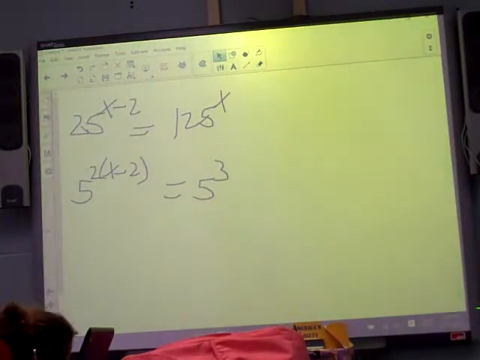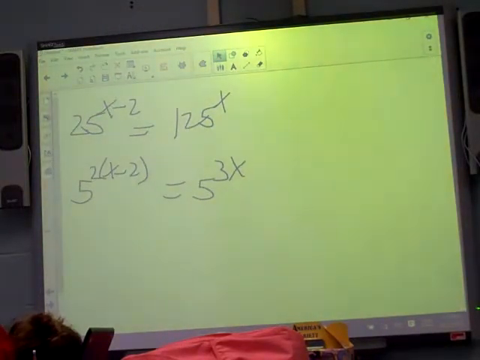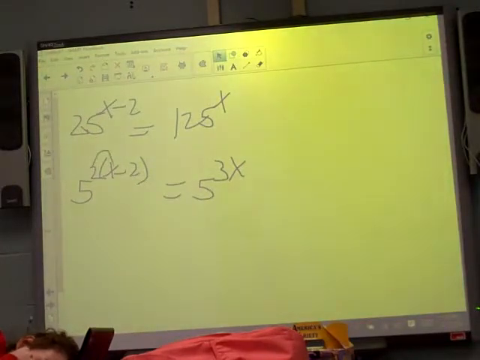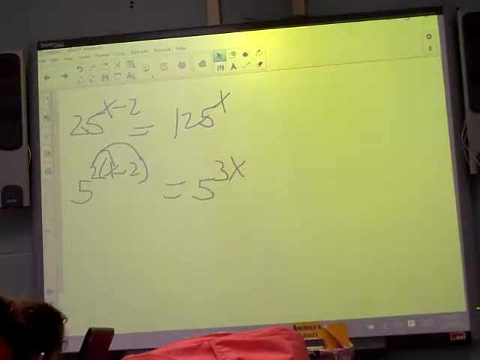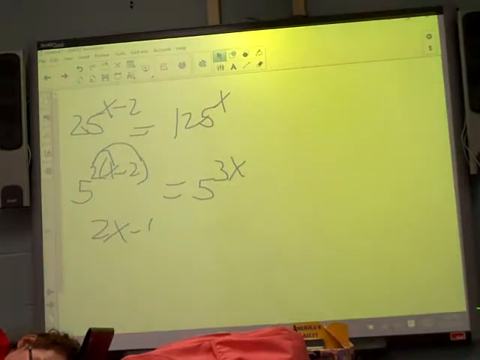We already figured that out. But there was an x up there, so bring down that x. Easy stuff now. 5 is equal to 5. So here we go. Keston's already distributed. 2x minus 4 is equal to 3x. So we don't do anything with the bases? Once you get them the same, they're out the door.